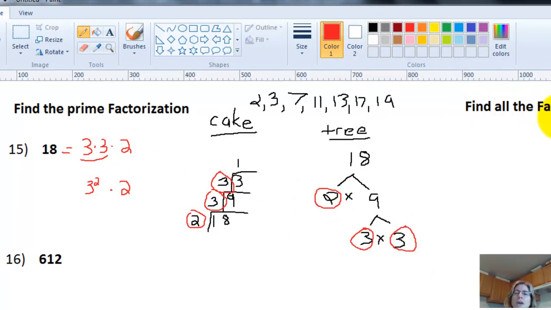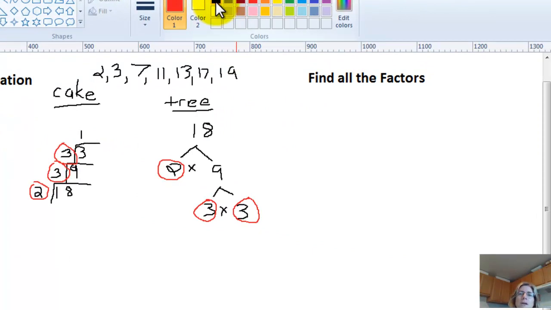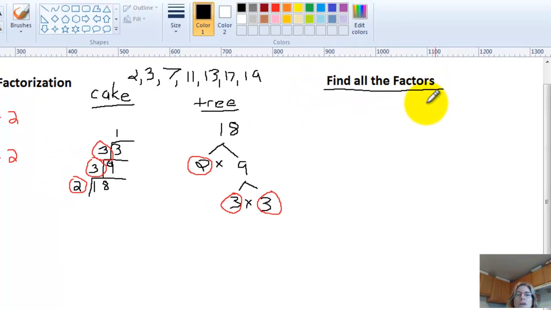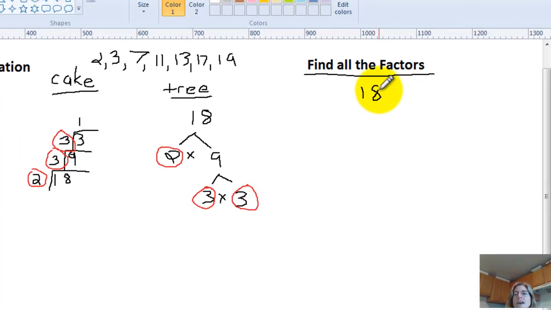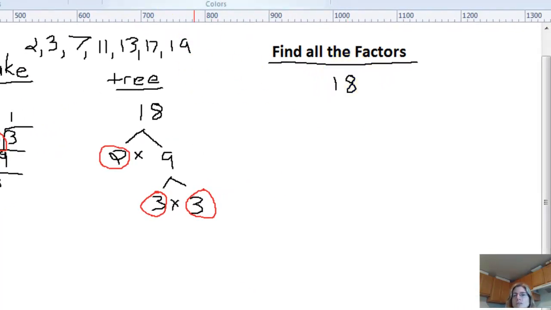So finding all the factors, and a real quick comparison, finding all the factors of 18 is a different thing than the prime factors. Prime factors are only prime numbers, whereas all the factors are all the factors. And I did this on another video, but in case you didn't watch the other one, and you're seeing this for the first time, I want to show the comparison to finding all the factors to prime factorization.